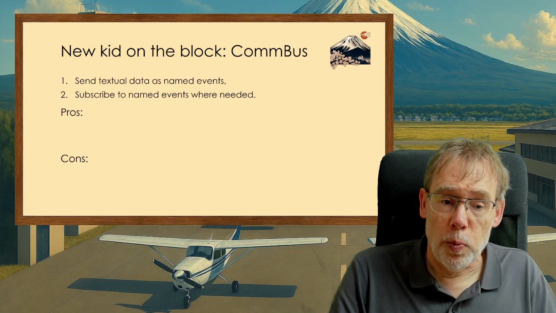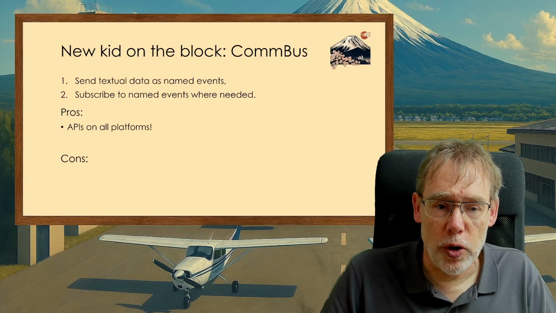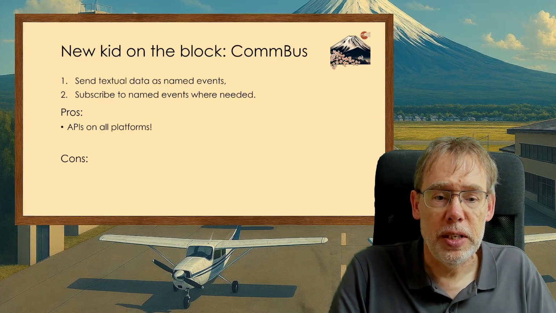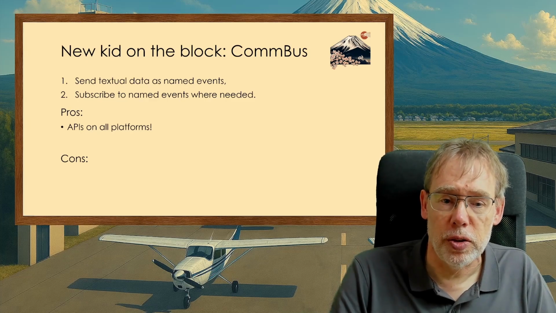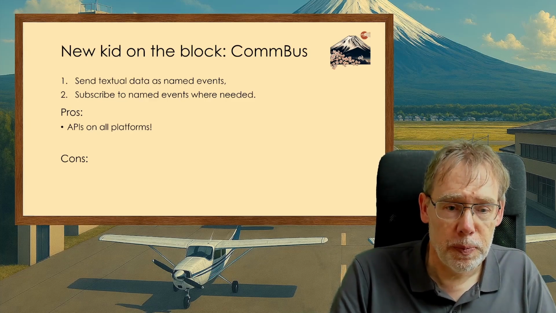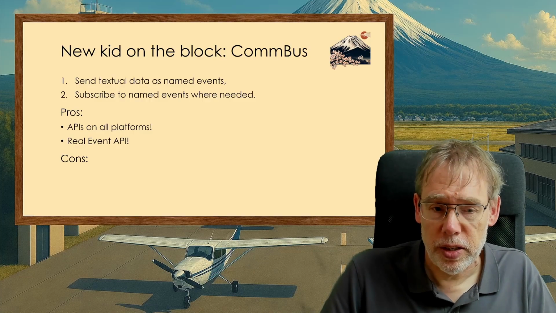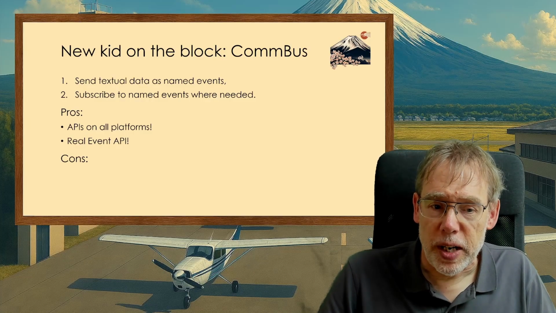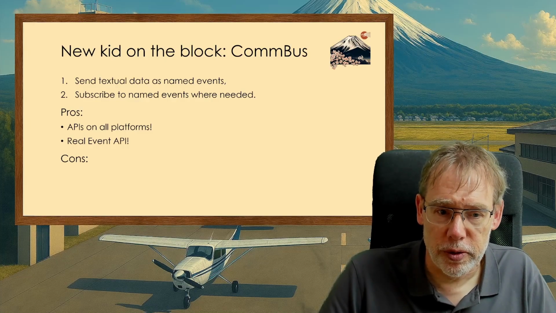It has more advantages because now we have APIs on all platforms. So that means all different parts of our application or add-on can use it. And it's a real event API. It's not on set, and you still have to kind of check whether or not it's data for you because it might be shared by multiple recipients.